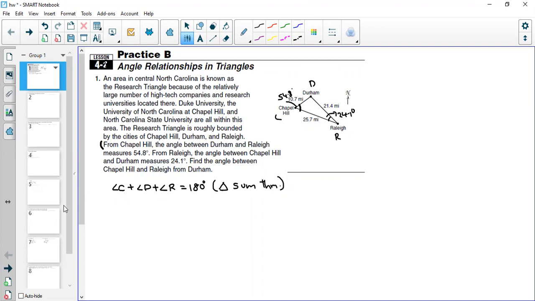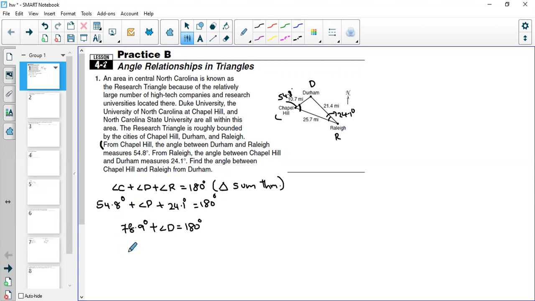Right. Now angle C is 54.8 degrees. Angle D we don't know, so we leave angle D as it is. And angle R is supposed to be 24.1 degrees, which is going to be equal to 180 degrees. So we have to solve this first. So this is going to give me 78.9 degrees plus angle D is going to be equal to 180 degrees.